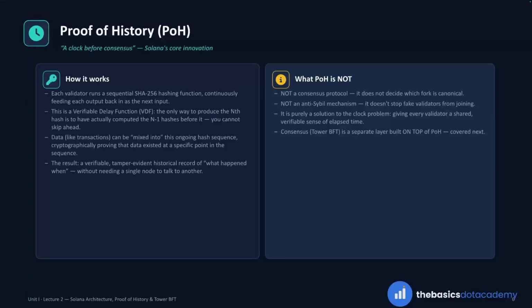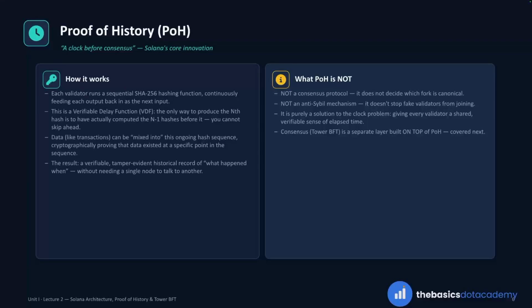This is also known as a verifiable delay function, or VDF. The only way to produce the nth hash is to have actually computed the n minus 1 hashes before it. You cannot skip ahead. Data, like transactions, can be mixed into these ongoing hash sequences, cryptographically proving that data existed at a specific point in the sequence.